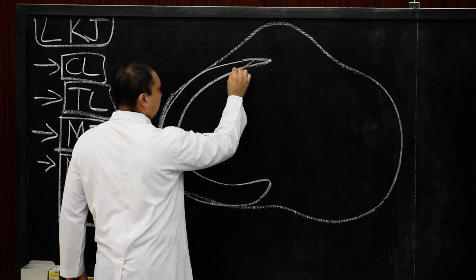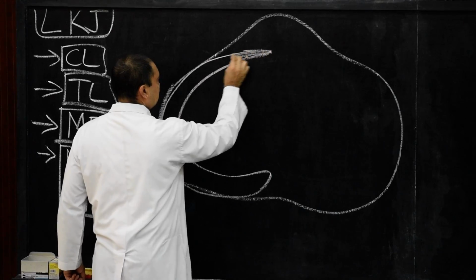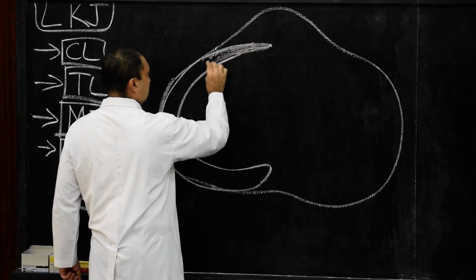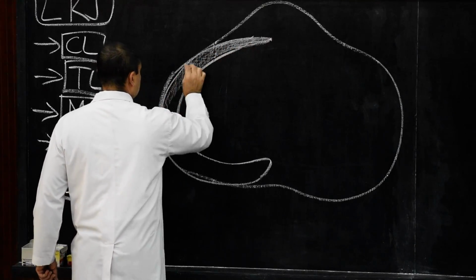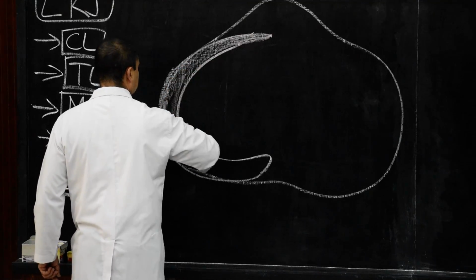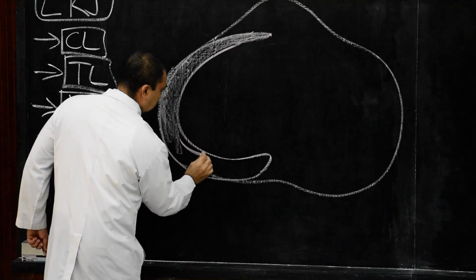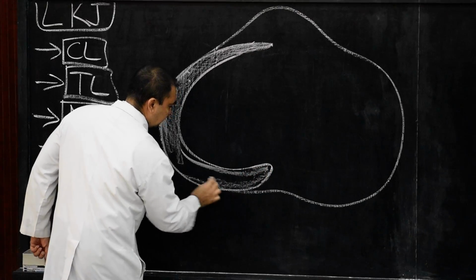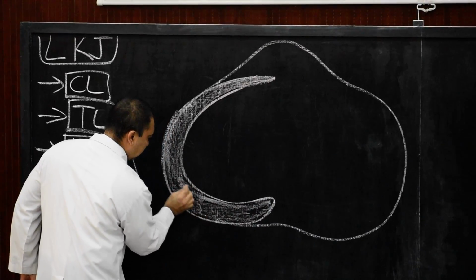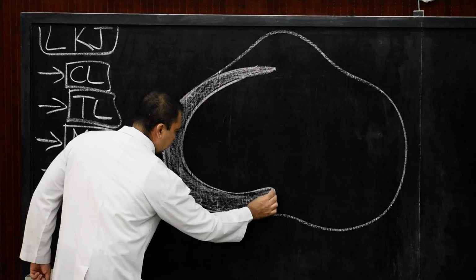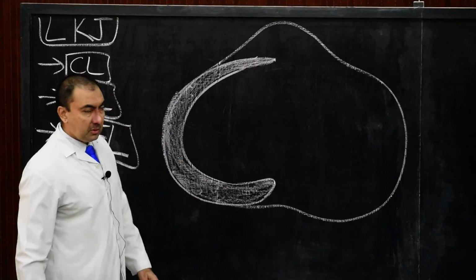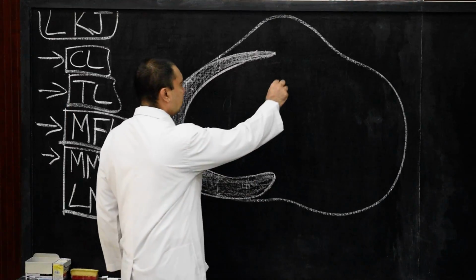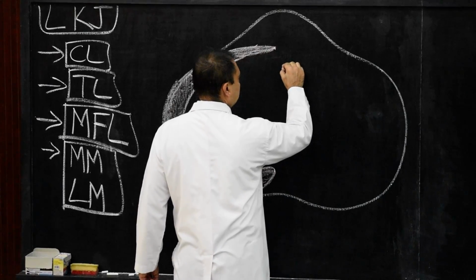This will show as the medial meniscus. Here we are showing this as the medial meniscus. The shape of the medial meniscus will be semilunar, oblong semilunar.